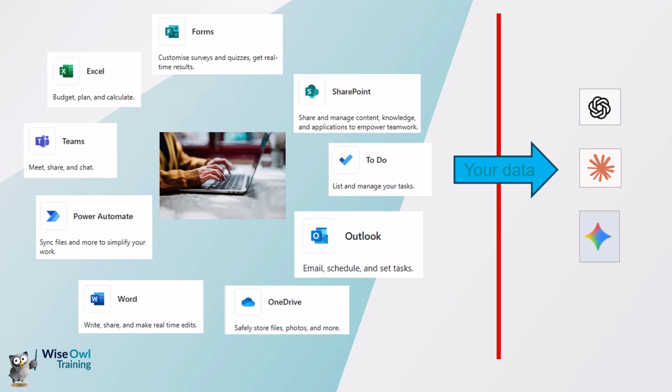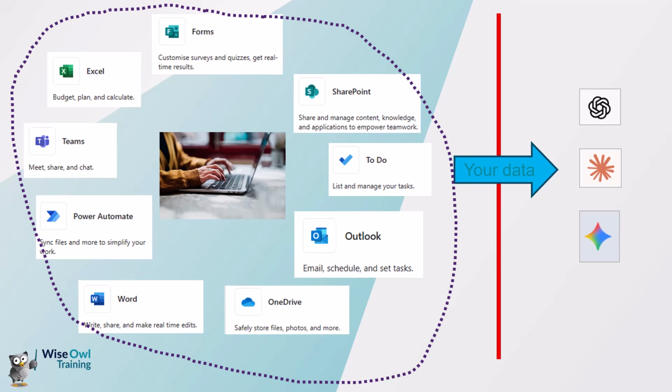So tools like ChatGPT may well train their large language models based on the questions you ask, although you can ask them not to, admittedly. And there's always a danger that your company's confidential data could turn up as part of the answer to somebody else's question. A way around this is to ring-fence your data.